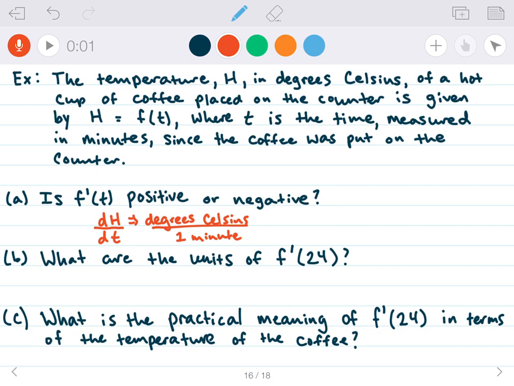I mean, unless you put it back in the microwave or something, but it's going to be consistently cooling, and so it's losing degrees for every minute. Okay, and so that is going to tell us that this thing is negative. Why? The coffee is cooling, and it's losing degrees per minute.